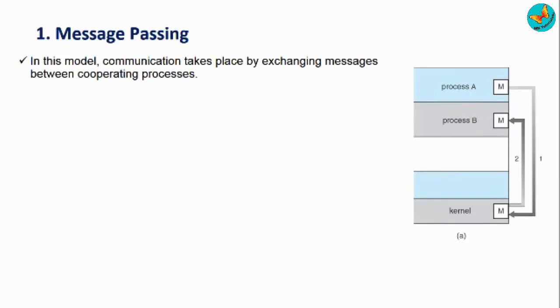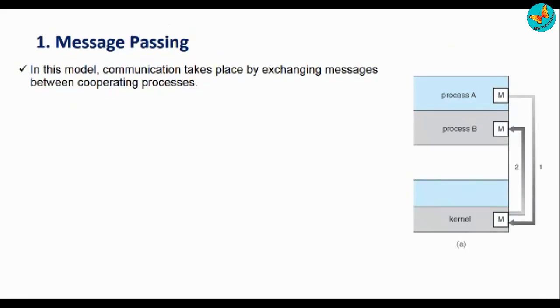What happens in message passing? Processes communicate and synchronize their actions without sharing the same address space. These two cooperating processes A and B have their own independent memory space. Can you see here clearly?